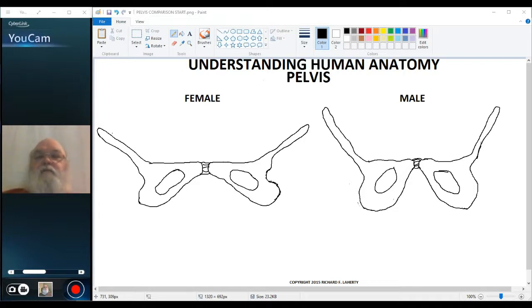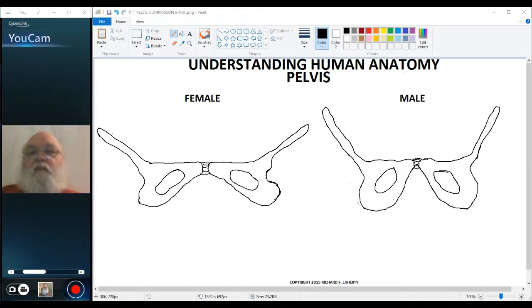Now, the differences that we're going to talk about are differences that make it easier for the female pelvis to carry the pregnancy, and most of all, to facilitate delivery by providing a minimum of obstacles to the movement of the baby through the pelvic canal during delivery.